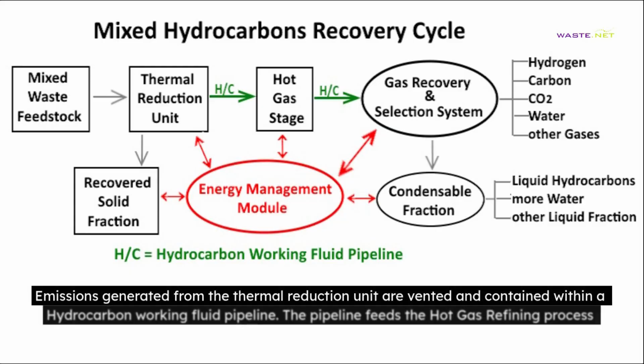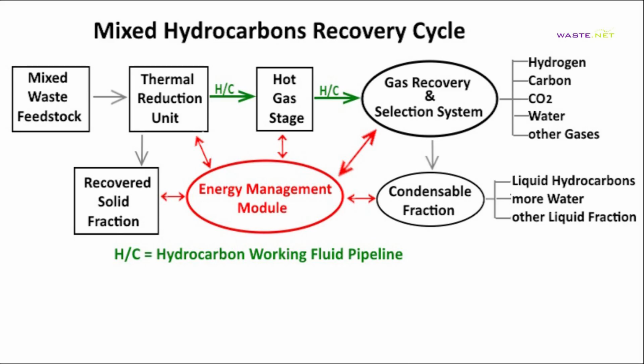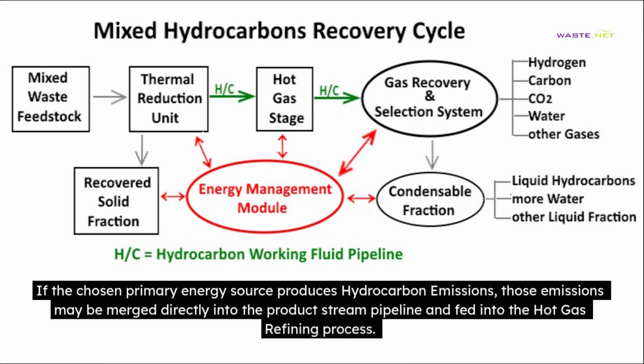Emissions generated from the thermal reduction unit are vented and contained within a hydrocarbon working fluid pipeline. The pipeline feeds the hot gas refining process where the product-charged working fluids are segregated and converted into the desired output products. If the chosen primary energy source produces hydrocarbon emissions, those emissions may be merged directly into the product stream pipeline and fed into the hot gas refining process.